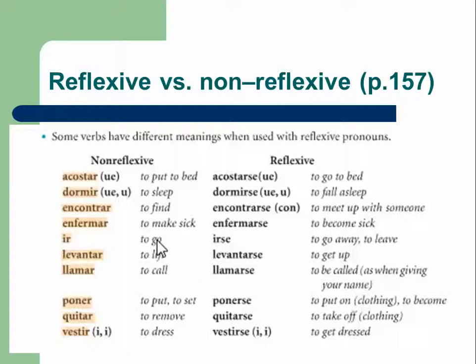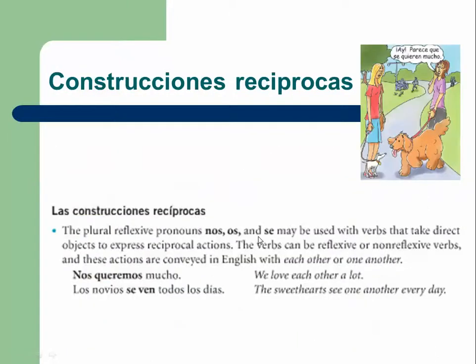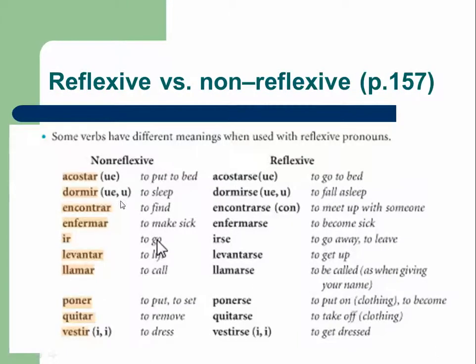Okay, so if we look at the difference between non-reflexive and reflexive, a lot of verbs can be both. Acostar means to put someone else to bed.